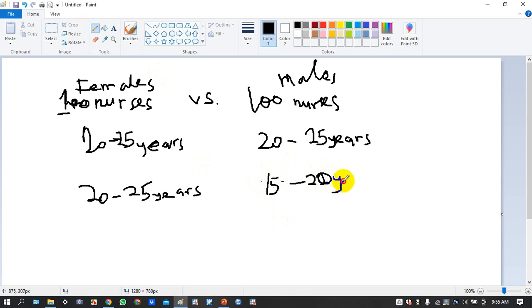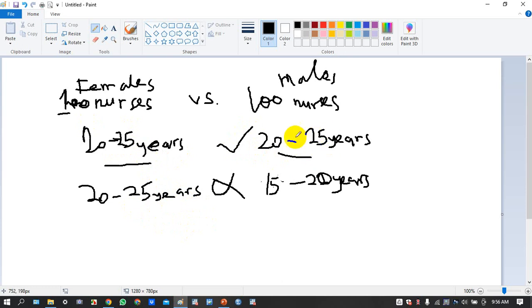It's not good, because the characteristics at 20 to 25 years will be different from the characteristics at 15 to 20 years, which is much younger. They should be of the same age. So this association is correct. So we match with the same age.